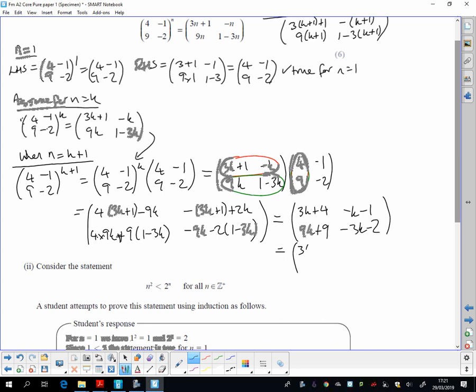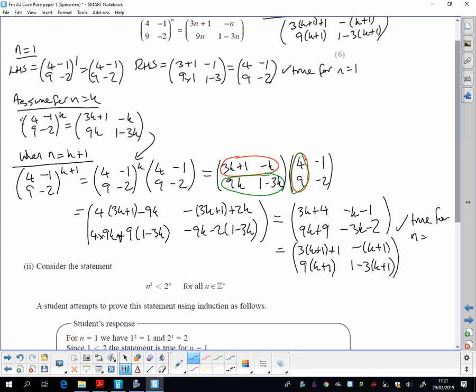So yes, this is 3 times k plus 1 plus 1. This is negative k plus 1. This is 9 times k plus 1. And this can be rewritten as 1 take away 3 lots of k plus 1. So it is true for n equals k plus 1.